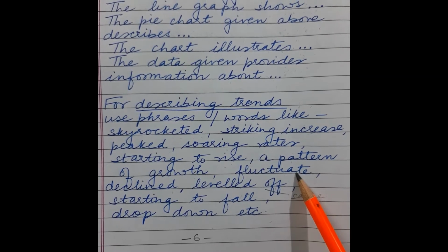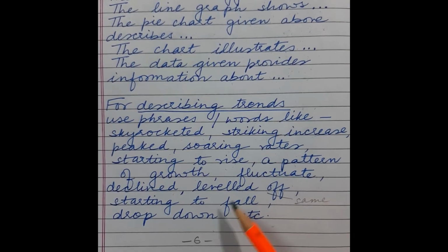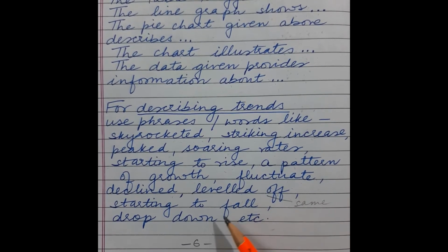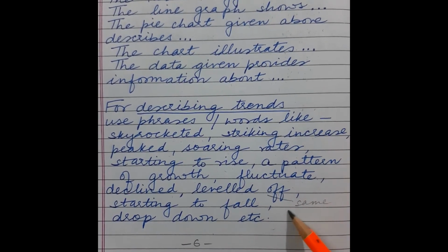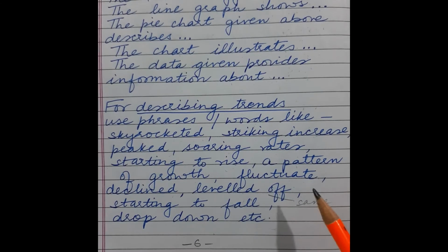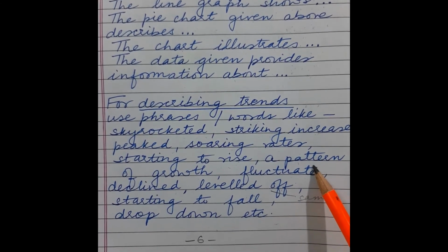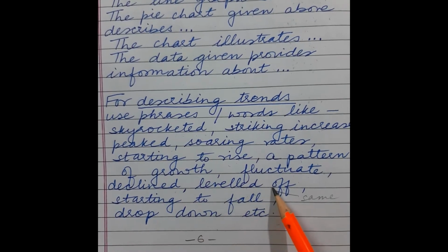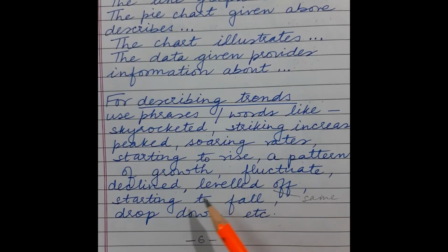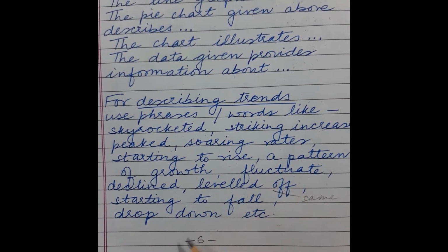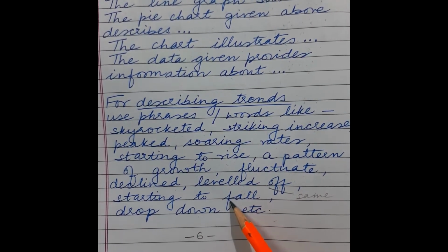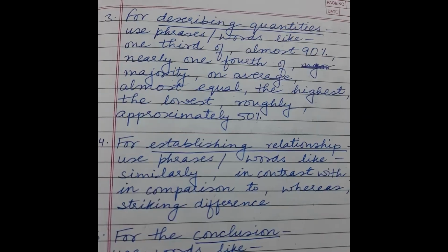But the word fluctuate, if your figure is rising, coming down, rising, coming down, you will not write that it rose, fell down, rose, fell down. Just simply write the word fluctuate. Declined if it comes down, leveled off if it remains the same, starting to fall, coming down, drop down. Okay, so these are some words to be used for the figures.